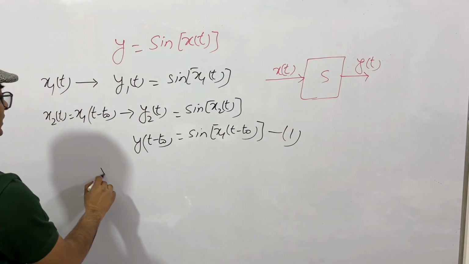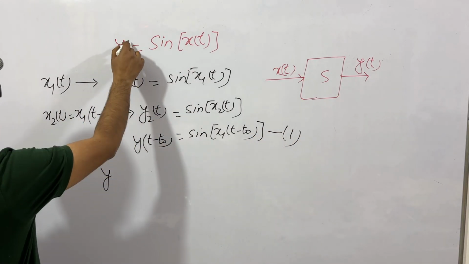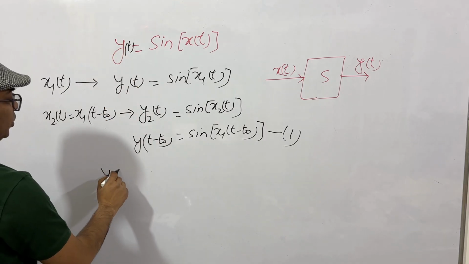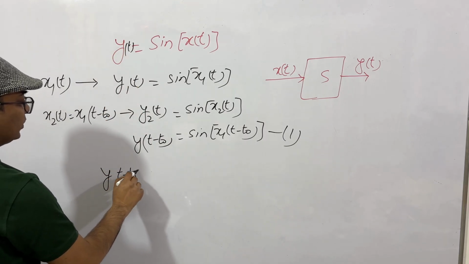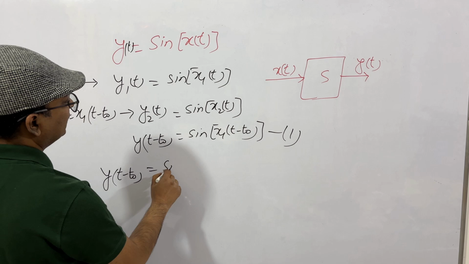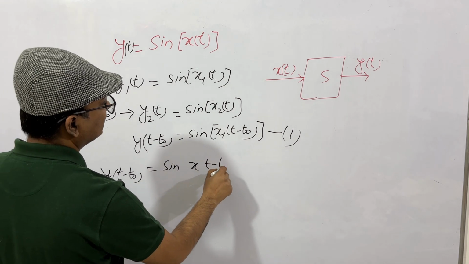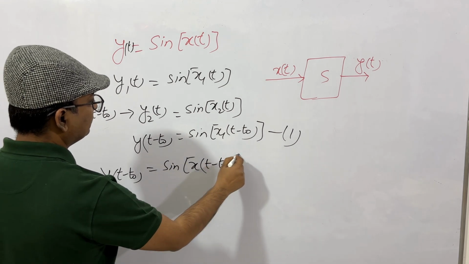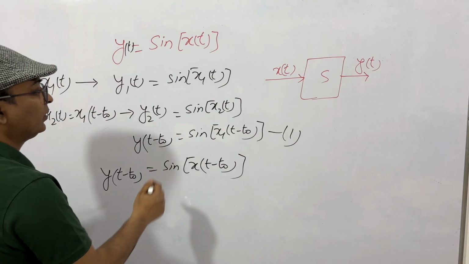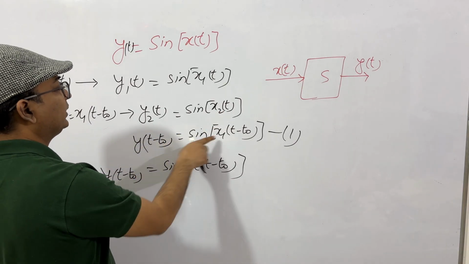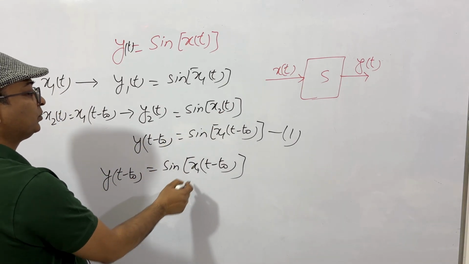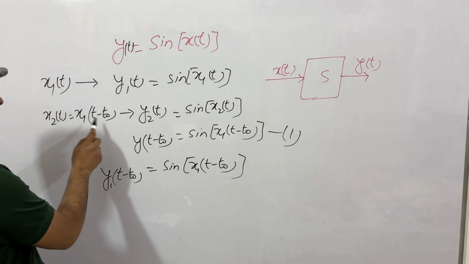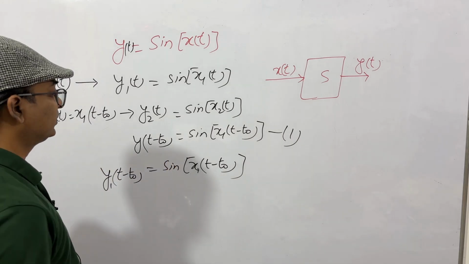If from the direct definition we put t minus t0 in place of t, what will we get? Sine x(t minus t0). x1 was just for our explanation; we can take x directly also.